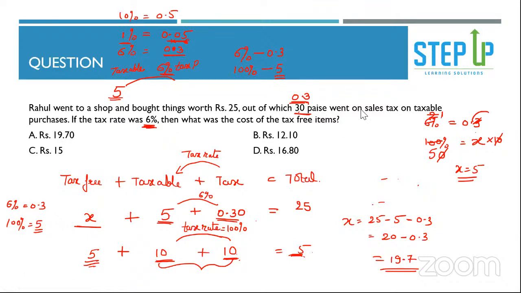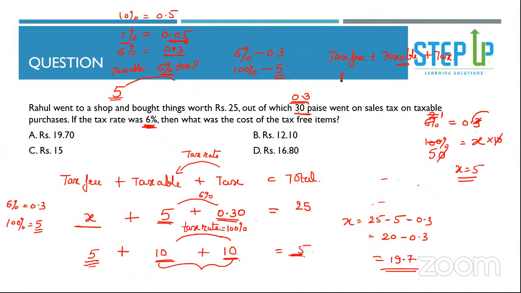Okay, so Sabyasachi, see, when you have to pay, have you bought liquor from somewhere? Even I haven't bought, but I know how it happens. There are some tax-free articles and there are some taxable articles on which you have to pay tax, right?